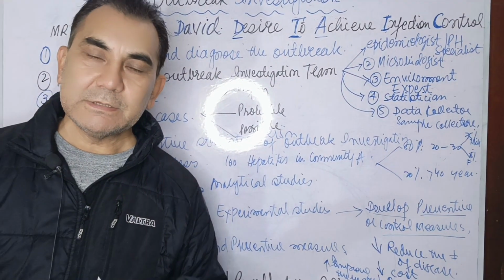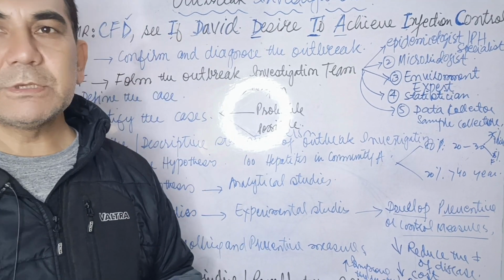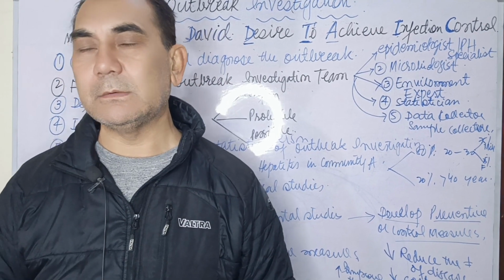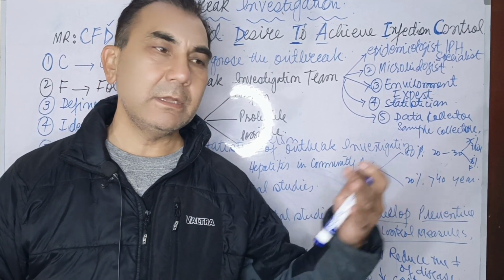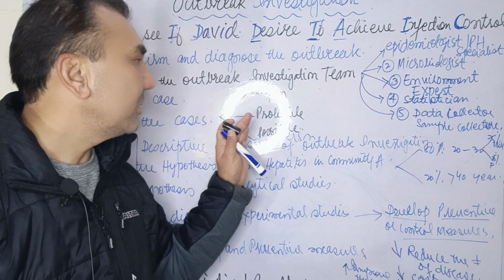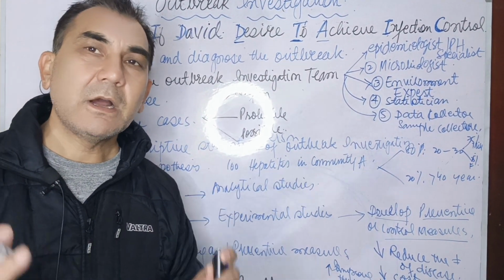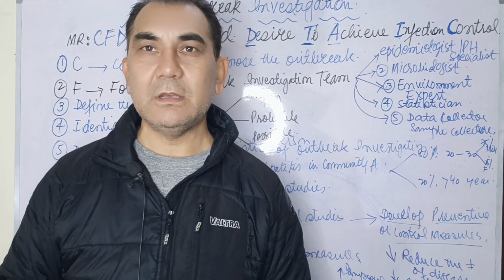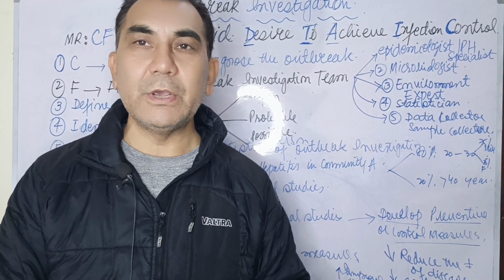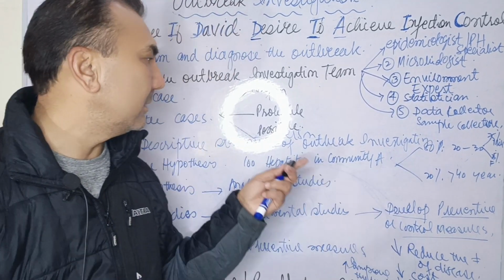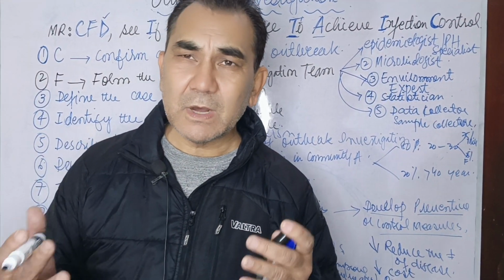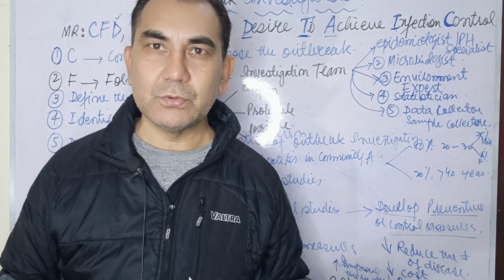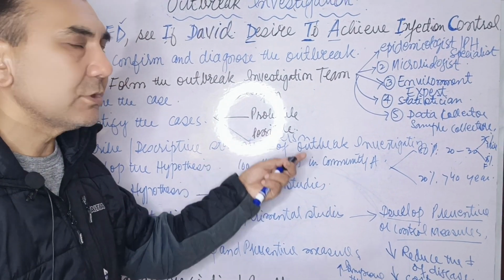The confirmed case is when the signs and symptoms of any disease are present in a group of people, and then lab investigation confirms it; that's called the confirmed case. The probable case is when the test shows positive but the signs and symptoms are not traceable. And the possible case is when one or two signs are present but the lab investigation shows negative results, so it is called the possible case.